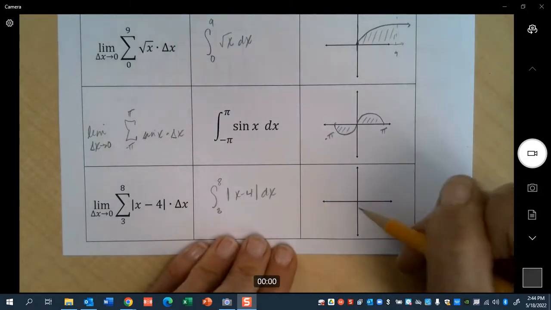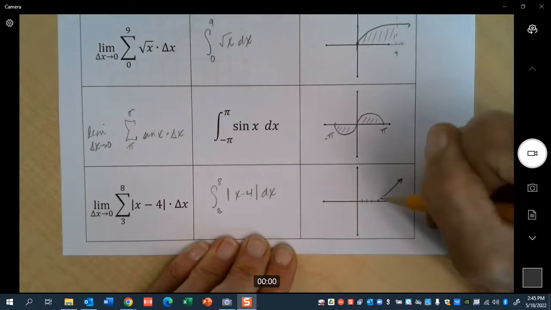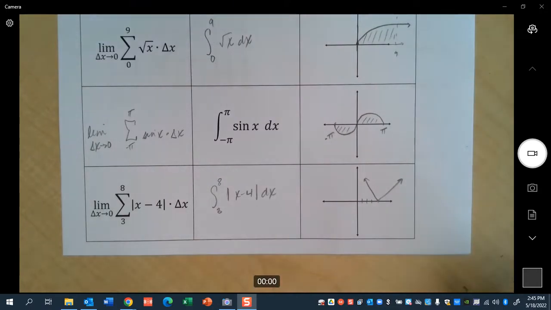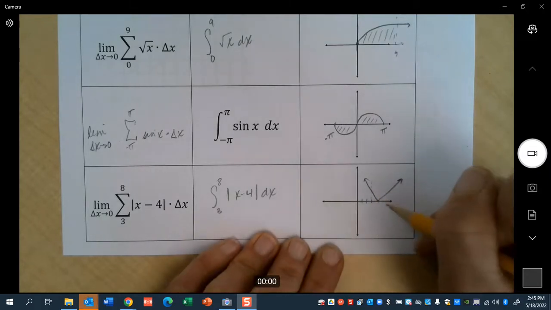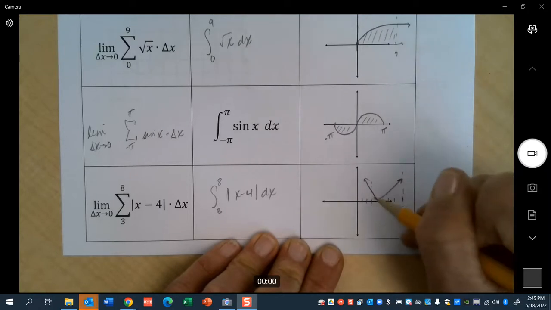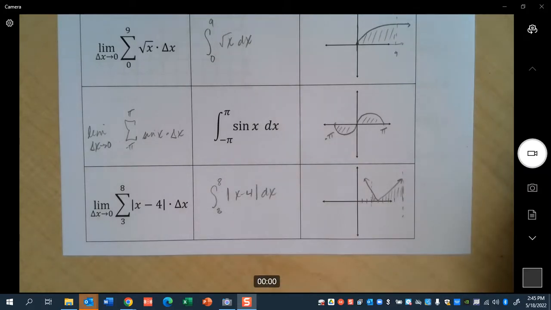The x minus 4 means that this absolute value is going to move to the right because it's inside, from 3 to 4, 5, 6, 7, 8. How are you feeling about page 1? No landmines.